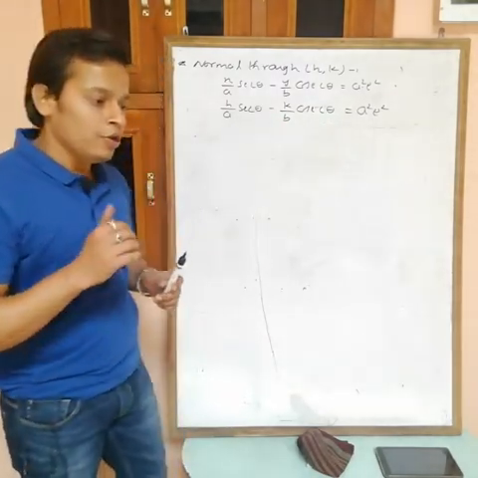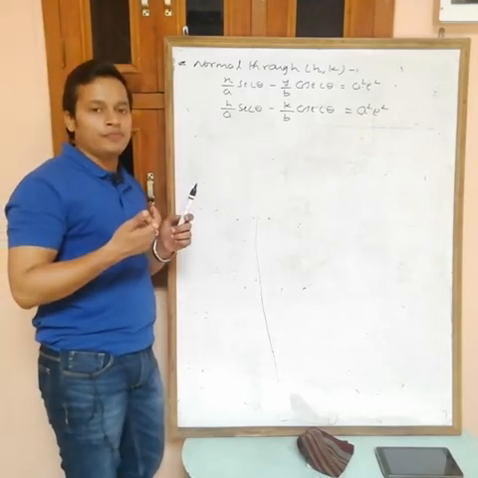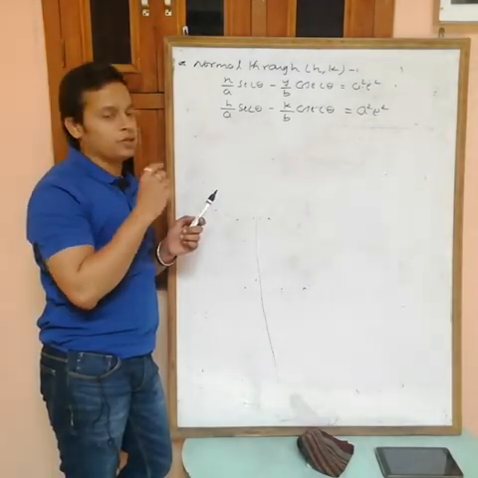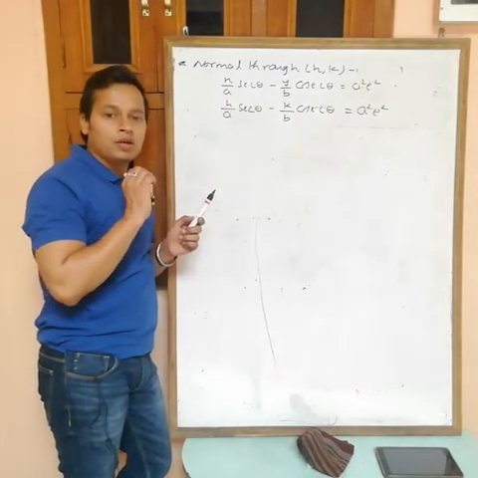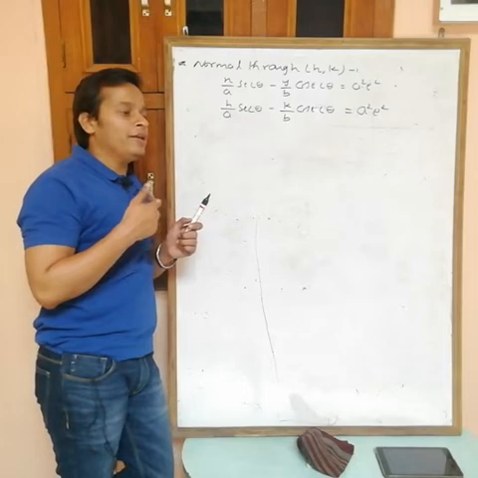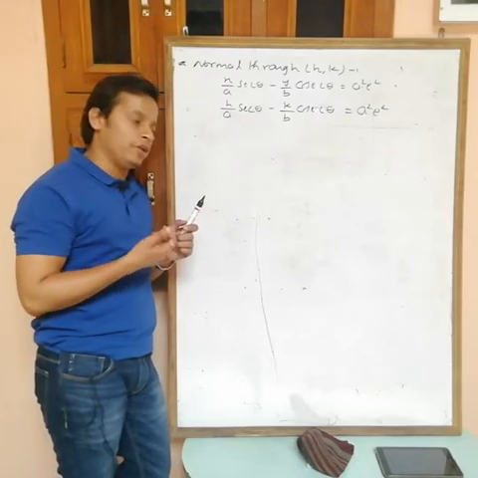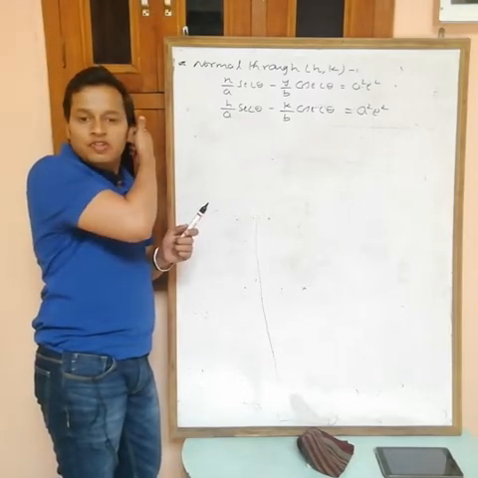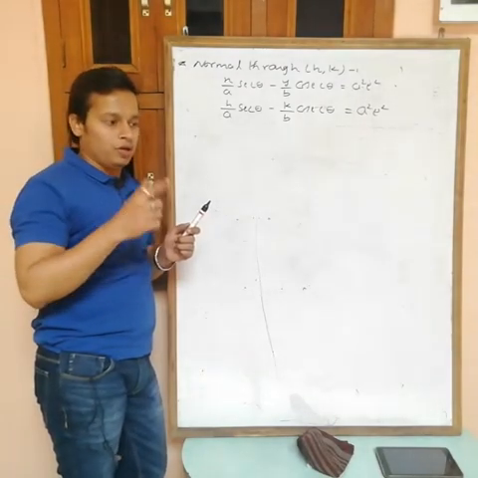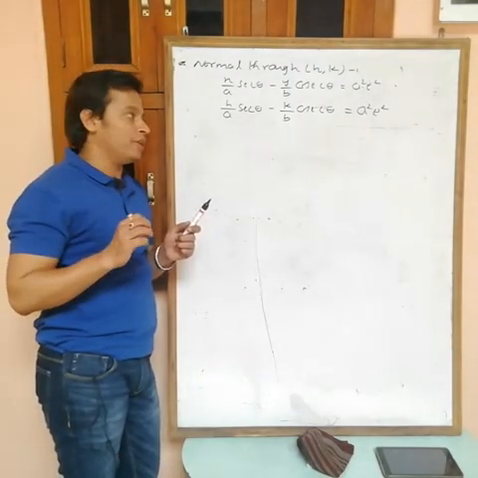Now if you get one value of theta, then we have one possible normal passing through h comma k. If you get two values of theta, then you have two normals passing through h comma k. If you get three values of theta, then we have three normals. So how to identify how many values of theta we have? And remember, only for one interval, that means 0 to 2 pi.